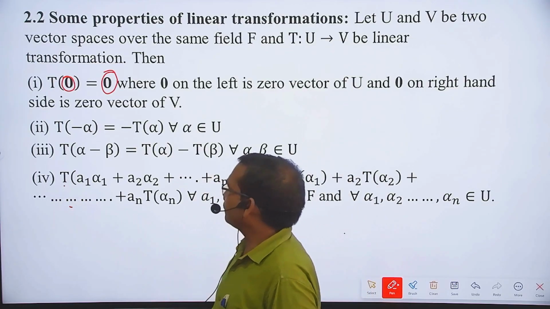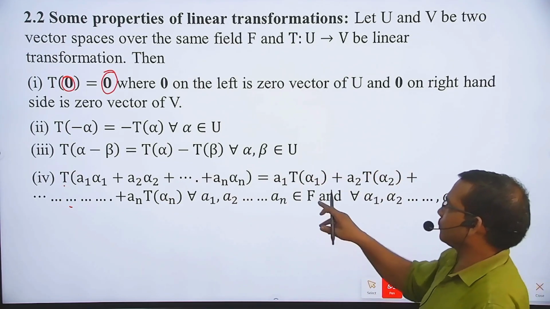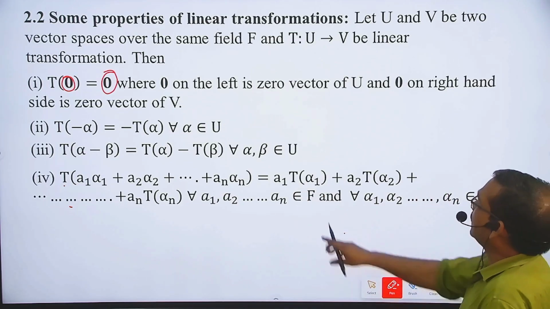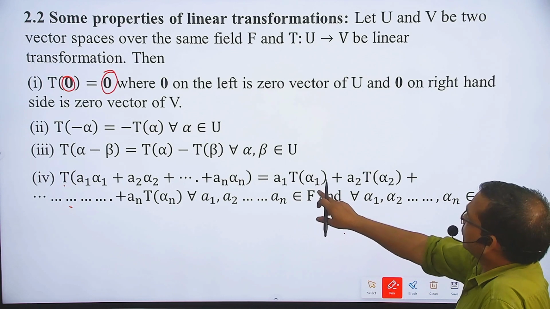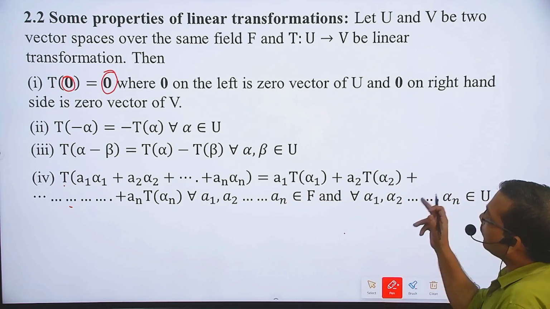And the transformation of a linear combination of vectors is equal to the sum of the linear transformations of the individual vectors multiplied by the field elements.